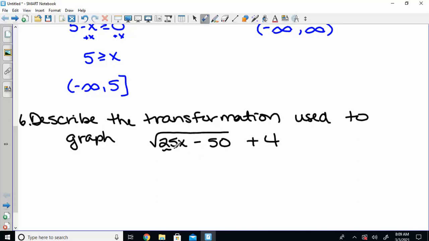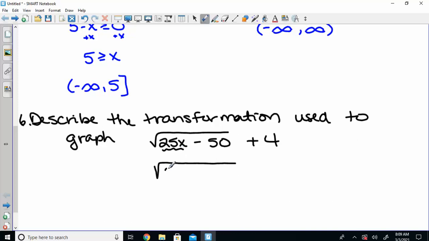Except you have that 25. What did we use? Yeah. The easier way to see how it's stretched is we actually factored something out.